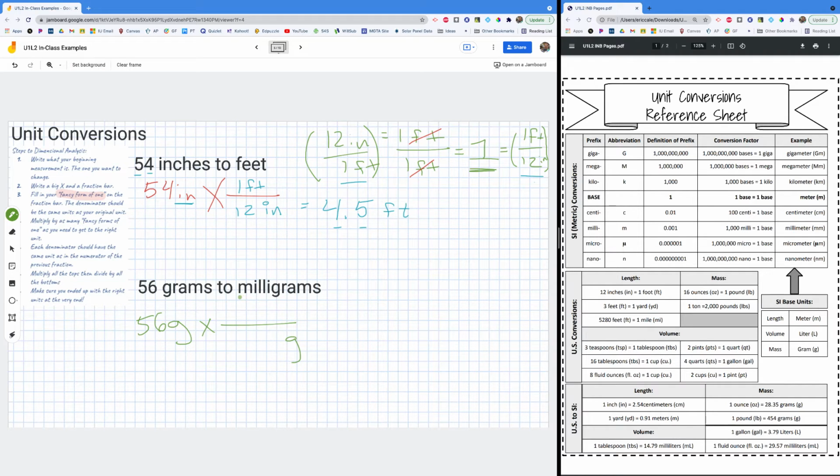And I want to get to milli. So right here, 1,000 milli is 1 base. So 1,000 milligrams is 1 gram. So I'll write that in. 1,000 milligrams equals 1 gram. So 56 times 1,000 equals 56,000 milligrams. And that's my answer.